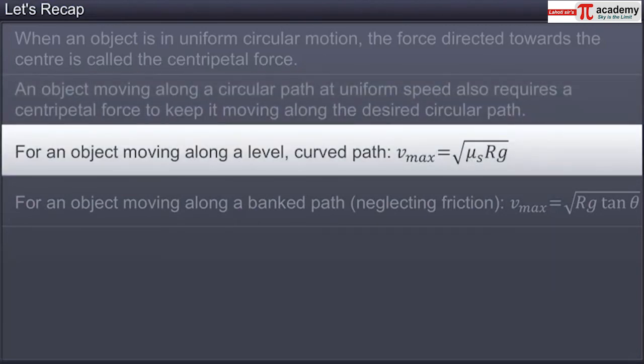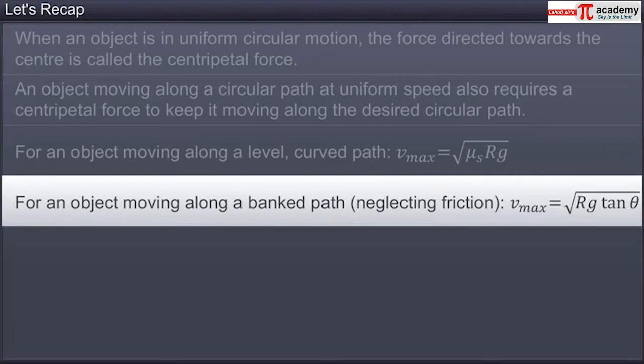For an object moving along a level, curved path, the maximum velocity, Vmax, is equal to the whole root of mu s rg. For an object moving along a banked path, neglecting friction, the maximum velocity Vmax is equal to the whole root of rg tan theta.